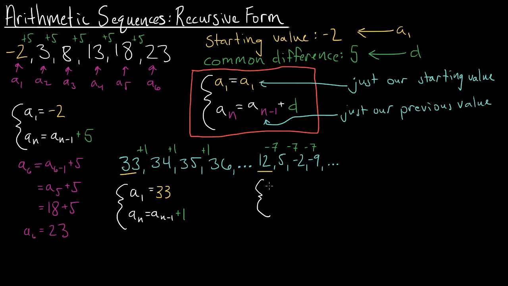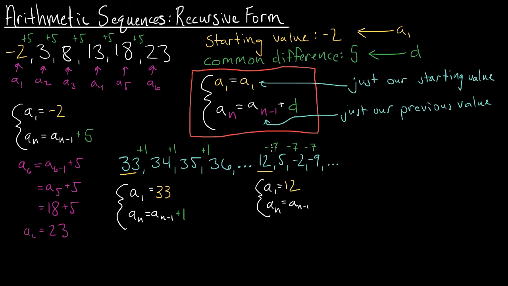And so I can combine those two pieces of information together into my piecewise recursive function here. So a sub 1, or my starting value, is equal to 12. And then a sub n, or any particular term, is equal to whatever my previous term is, so a sub n subtract 1, and then plus my common difference.